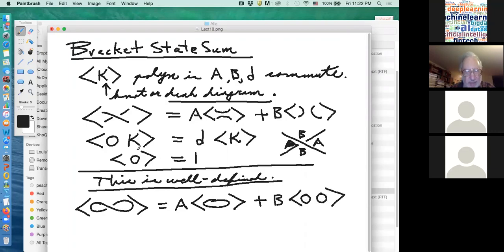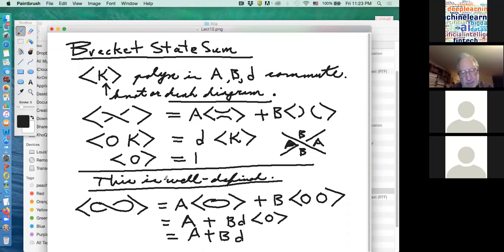And now I can continue to follow my rules here, and my rules are A times 1 plus B times D times the value of a loop, but we agreed that the value of a loop is 1, so this is A plus BD. And you see that by removing the crossings, smoothing them out, and continuing calculating, we go from diagrams to polynomial.